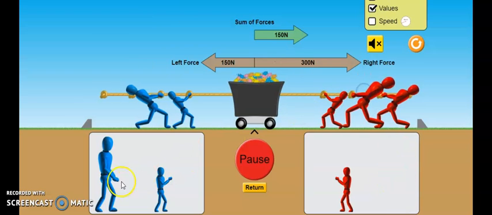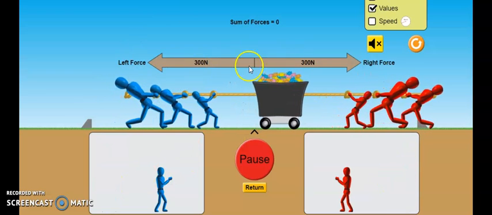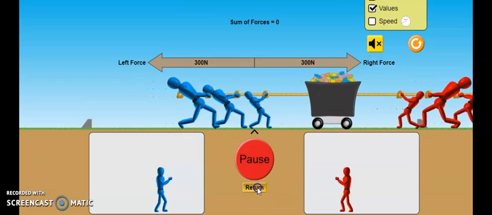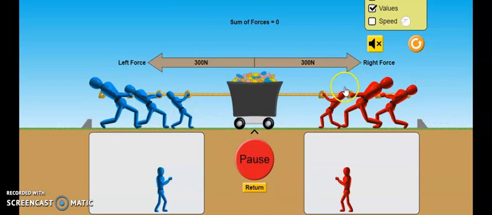So imagine you can see 300 and 300. So right now, when the sum of forces is 0, I have balanced forces. So there is no effect of these two forces, the left force and the right force, because the net force is 0, as you see right now.